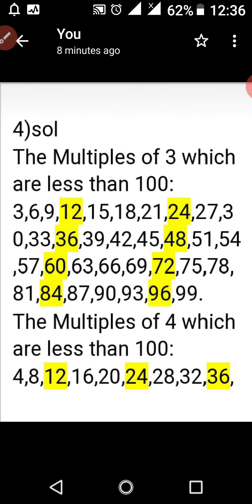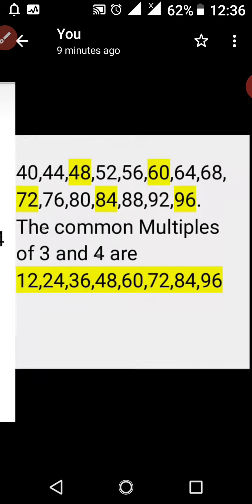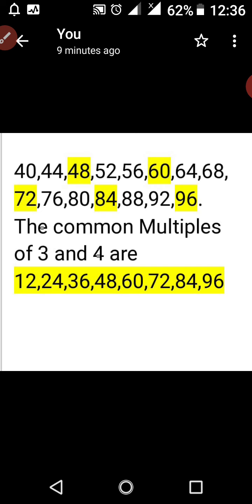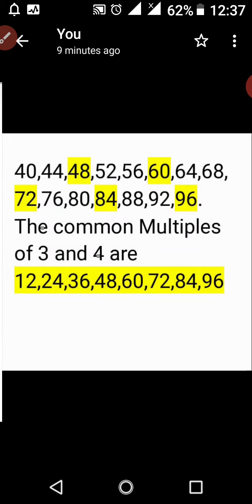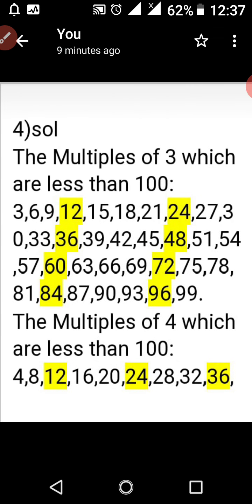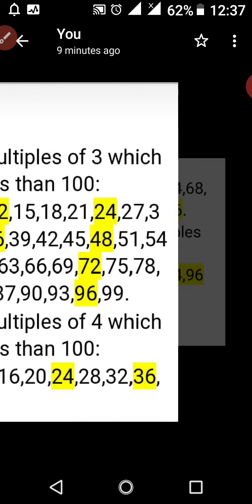And the multiples of 4 which are less than 100, here also from 4 onwards up to 96, because they are asking for less than 100. So 96 is a multiple of 4 which is less than 100. List out all the multiples of 4 which are less than 100. By observing both lists, the common multiples of 3 and 4: 12 is common, 24 is also common, 36 is also common, 48, 60, 72, 84 and 96.